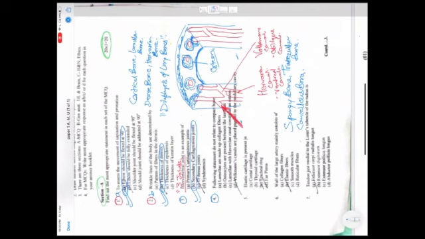And these lamellae are the concentric and peripheral rings. They're formed by collagen. Remember, collagen type 1. This might again be a question sometime.